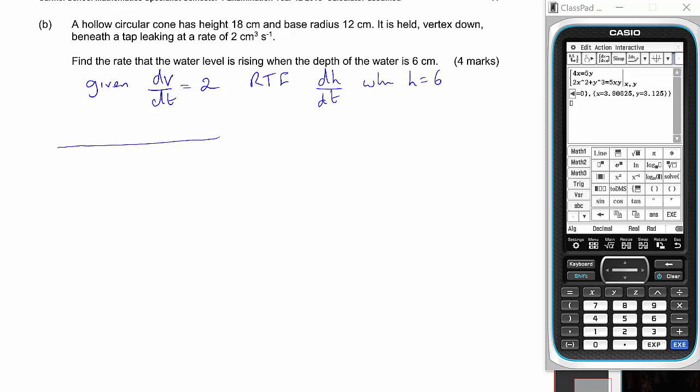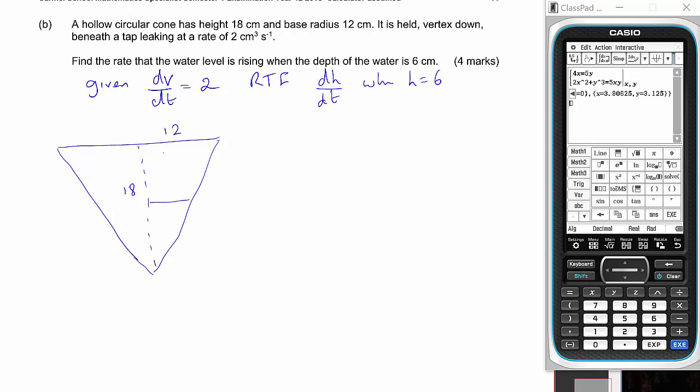Now if we draw a diagram here, so that's our cone, and the base radius is 12 and the height is 18, which straight away gives you a relationship, because any triangle within here will be similar.